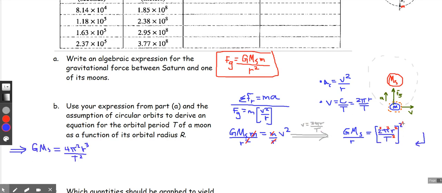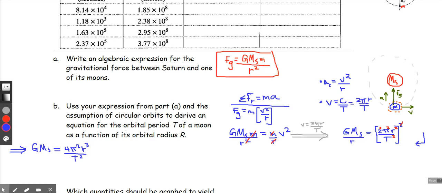Okay, so when we distribute that square, everything in here gets squared, and we end up with 2 squared, which is 4, pi squared, r cubed, because we had an r that we brought up, multiplying both sides to bring it onto the top on the right hand side of the equation. So that made us have this r squared times this r on the other side, and T squared on the bottom. We end up with something like this.